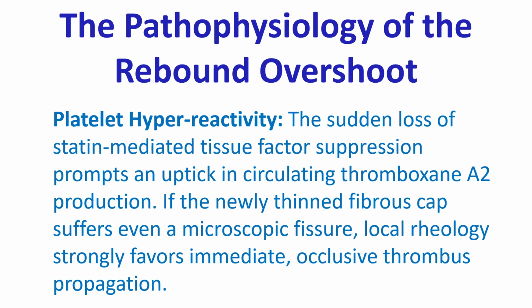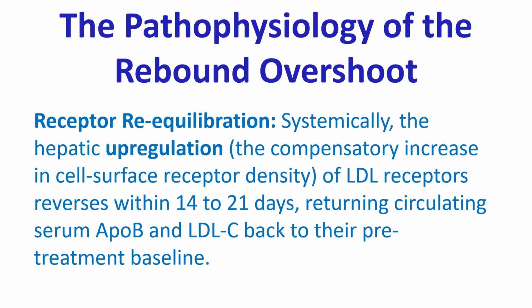The sudden loss of statin-mediated tissue factor suppression prompts an uptick in circulating thromboxane A2 production. If the newly thinned fibrous cap suffers even a microscopic fissure, local rheology strongly favors immediate occlusive thrombus propagation.